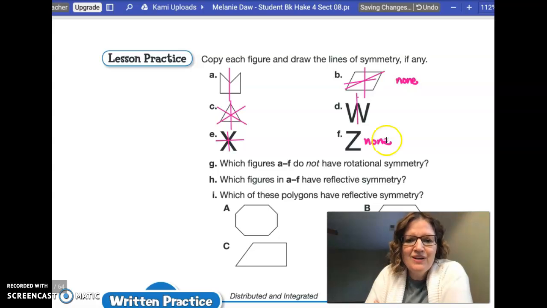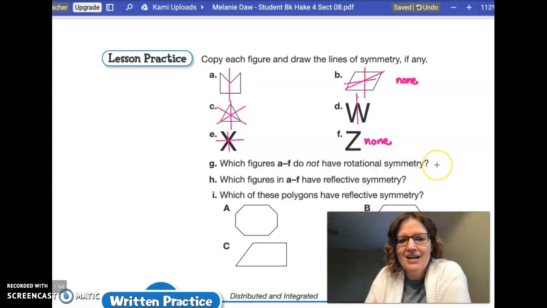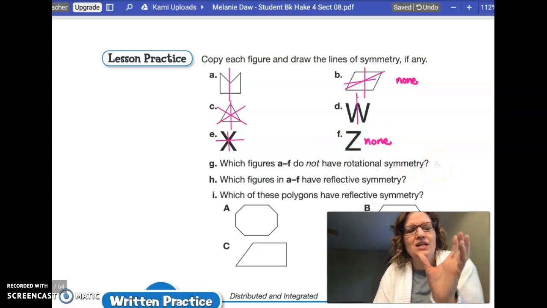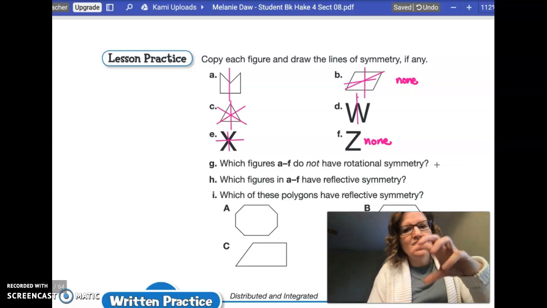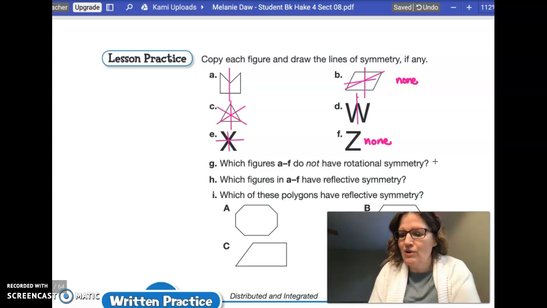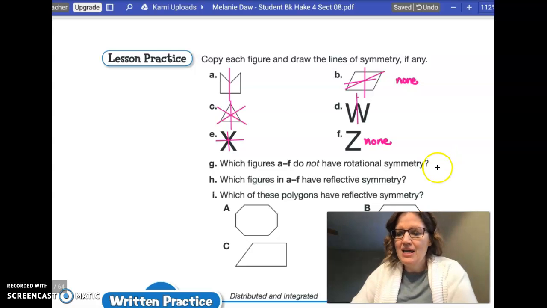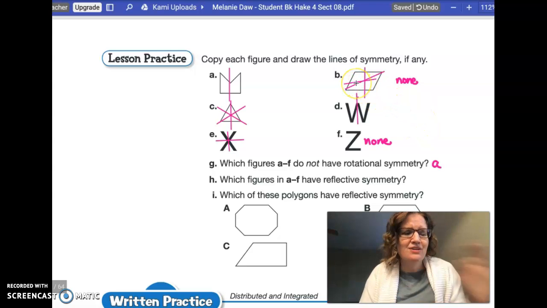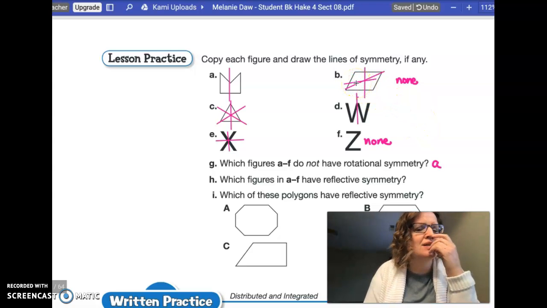Now, which figures A through F do not have rotational symmetry, meaning that if you rotated it, it would be the same shape? I'm looking right now. A, if we were to rotate that, it would not be the same. We know that B obviously does not have rotational symmetry.